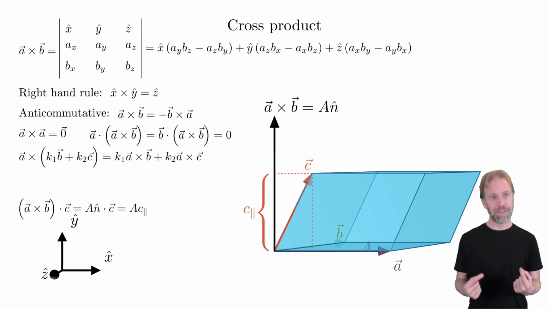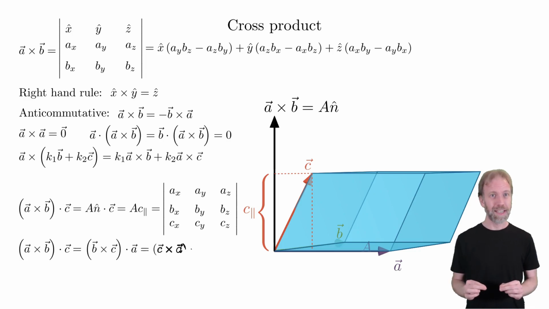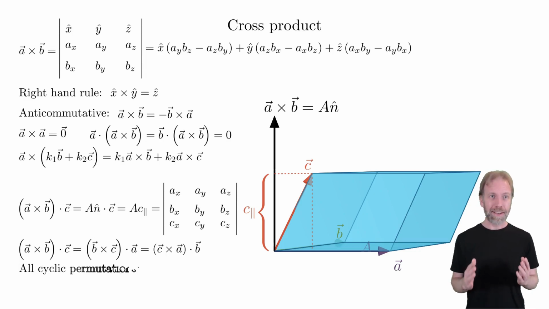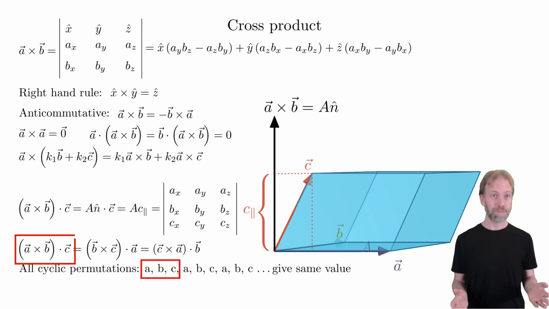If you remember the previous video, we had a different method for calculating this value, which was the determinant. This offers an alternative approach for calculating A cross B dot C. From this geometric interpretation, we can also realize that any cyclic permutation of the 3 vectors should give the same volume.